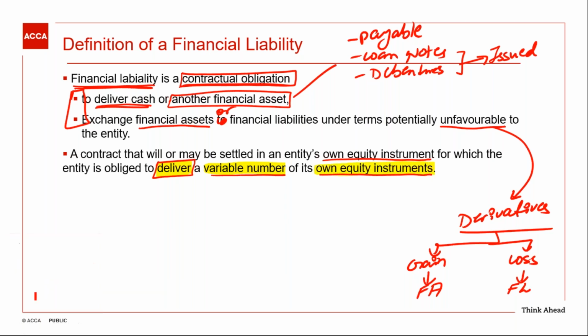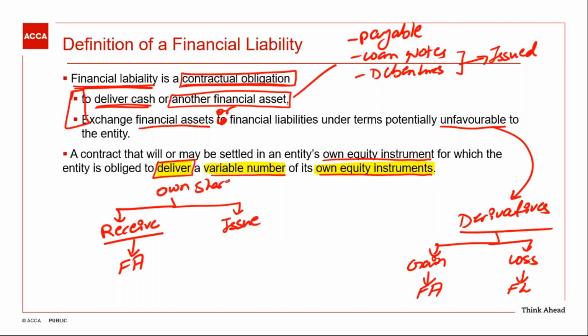So the only difference is that if we are receiving our own shares, we call it a financial asset, and if we are going to issue our own shares, we are going to call it a financial liability if the number of shares is variable.